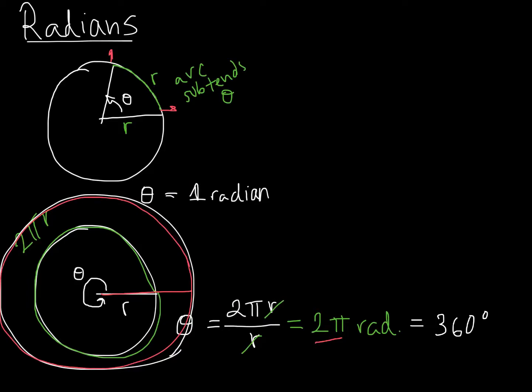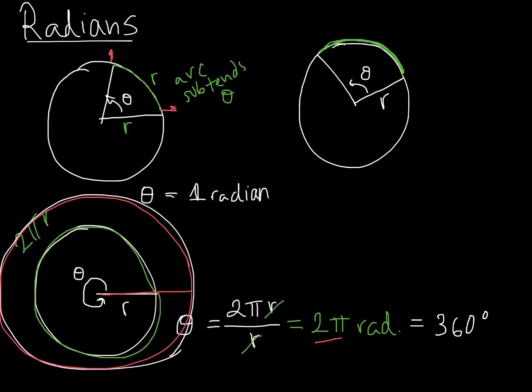Now we can take a look at the general case. If I have any circle here, and I'm looking at any angle theta, and the radius is r, and I have some arc length that I don't know, I'm looking at the general situation for any angle theta.